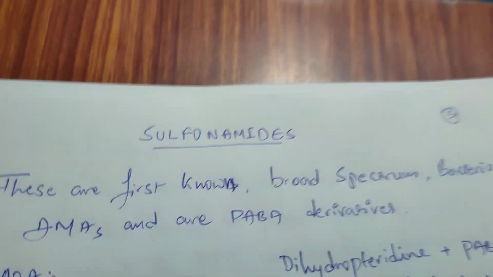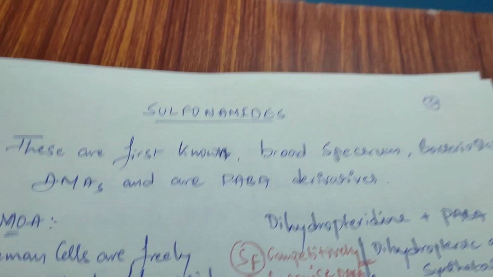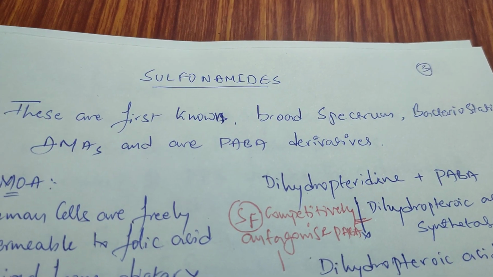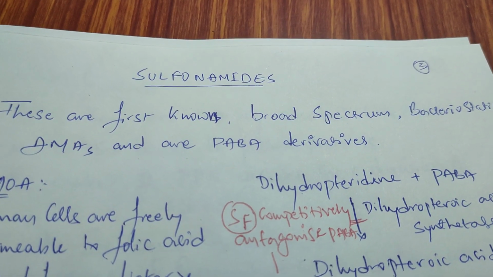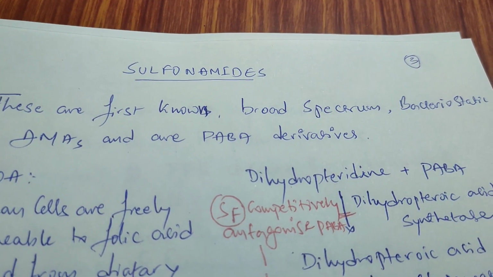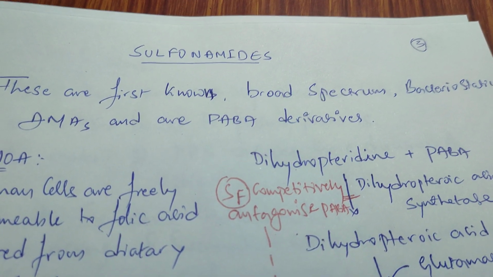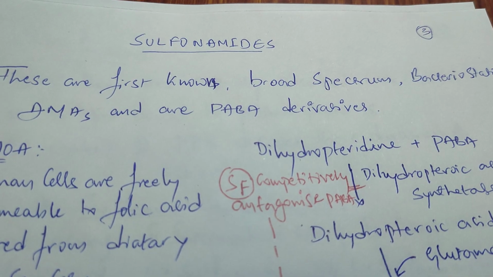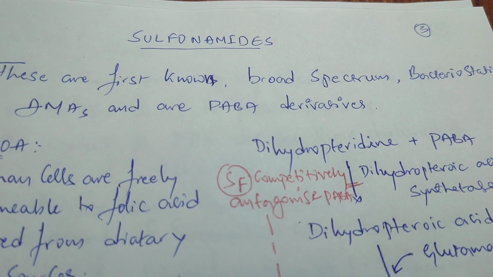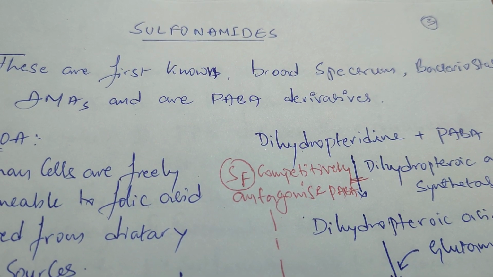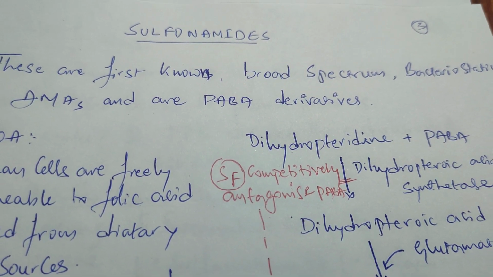What are sulfonamides? Sulfonamides are the first known synthetic agents, the first known broad spectrum agents. Basically they were broad spectrum, but people won't accept them now because of the emergence of antimicrobial resistance among microorganisms. Most microorganisms are resistant now to sulfonamides, and only a few are sensitive.